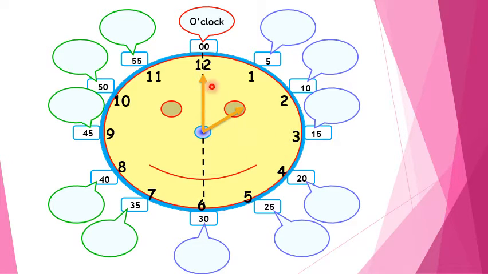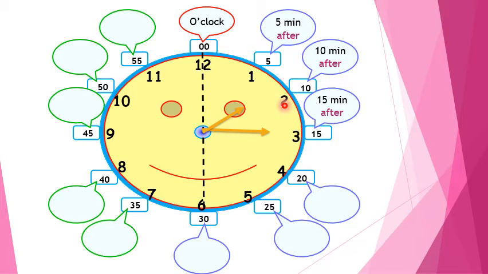So here it's o'clock, but if it's on here, it means it's 5 minutes after. Here it's 10 minutes after. Say the long arm was on 12 and the short arm is on 2.